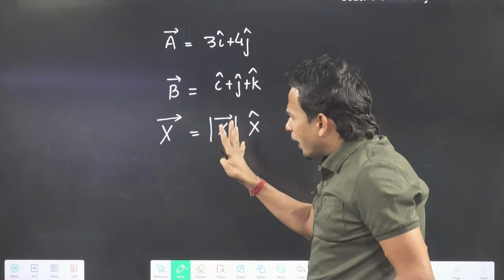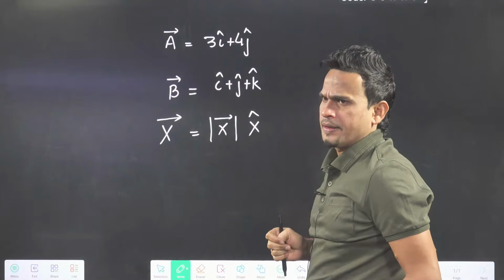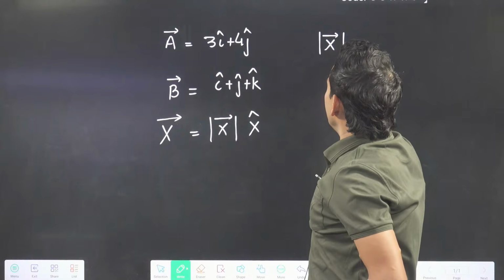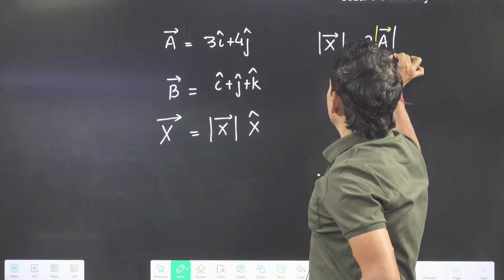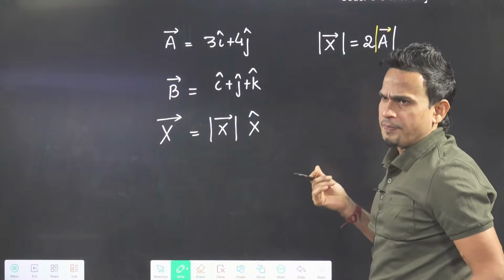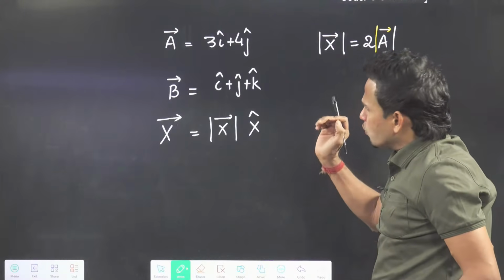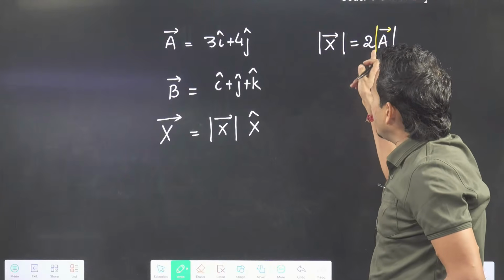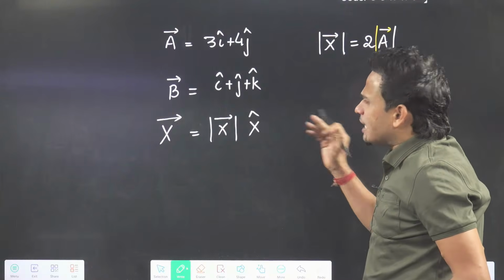They are saying find a vector whose magnitude is double of the first vector, meaning x bar mod will be double of A bar mod, and direction is same as B bar.